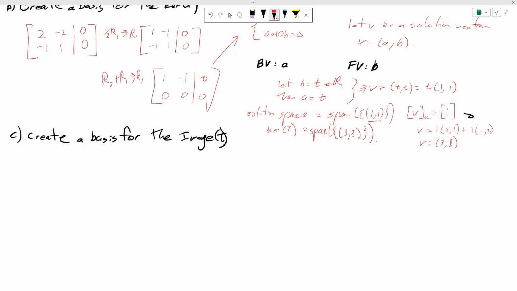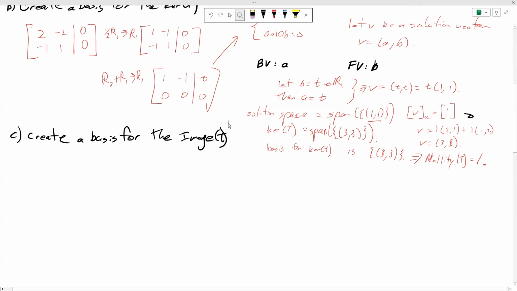So our basis for the kernel of T is the set {(3, 3)}. This implies that the nullity of T is equal to 1. And recall that the nullity is the dimension of the kernel.